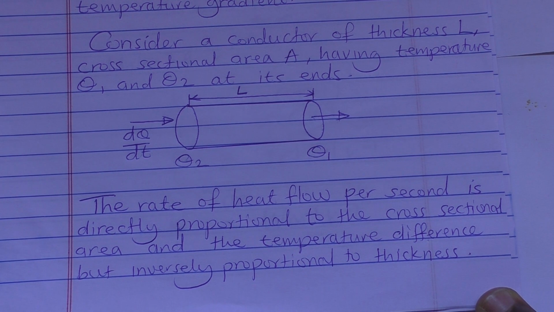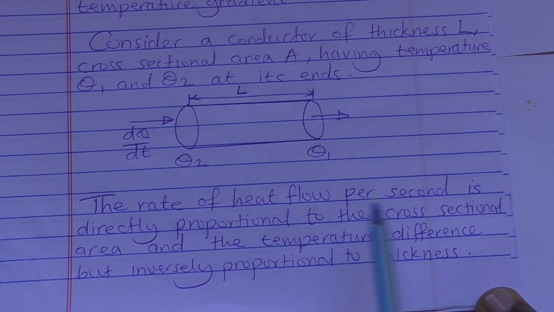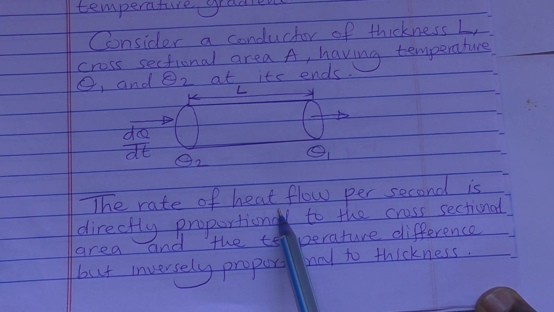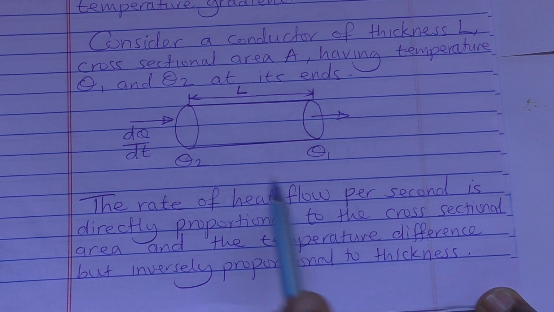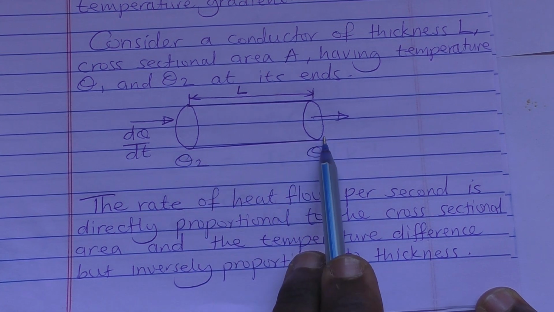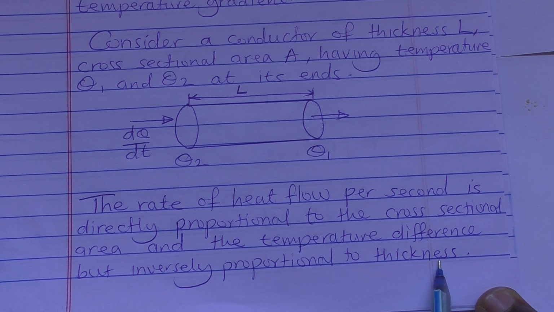There are three factors. Increase in cross-sectional area increases the rate of heat flow. Increasing the temperature difference between the ends also increases the rate. But as you increase the thickness of the conductor, the rate reduces. That's why the thickness is inversely proportional.